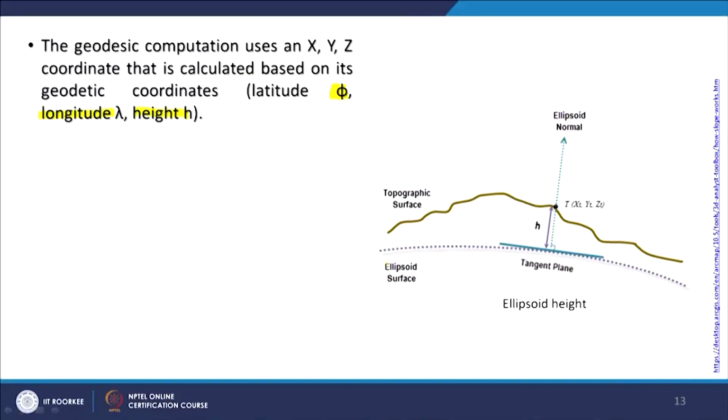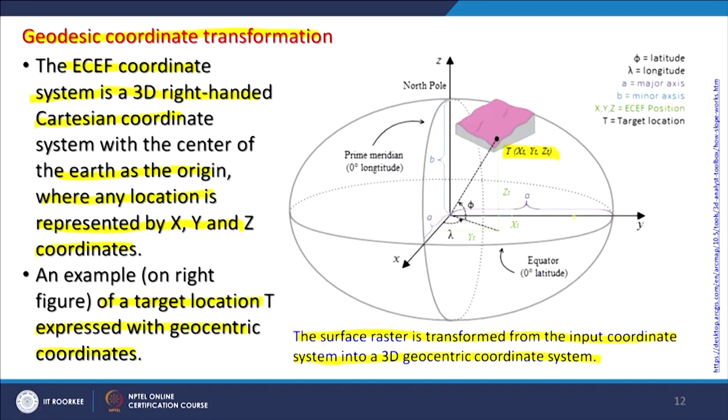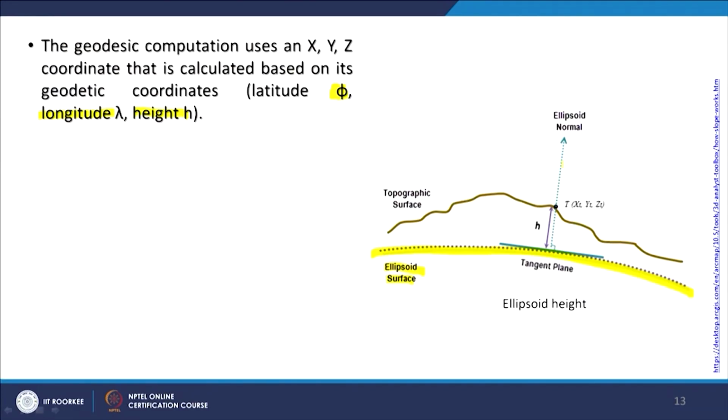Here is the ellipsoid surface you are seeing, and what you are calculating, the T we just discussed in the previous figure, with x1, y1 and z1, is what we are getting above the topographic surface. But whether that height is perpendicular to the tangent plane which just touches this ellipsoid surface or not matters.